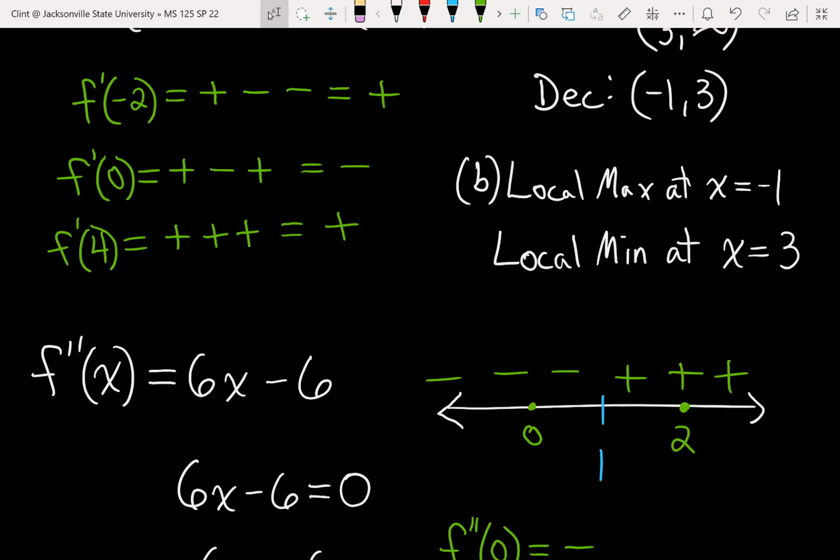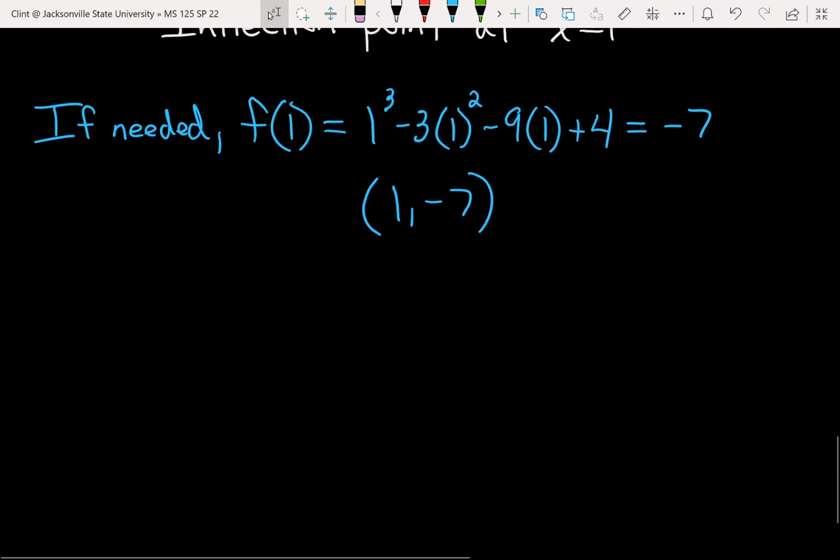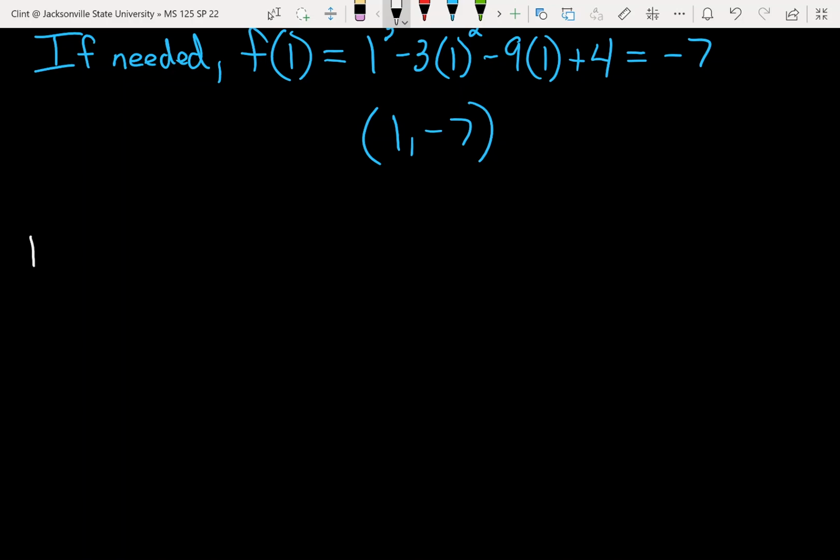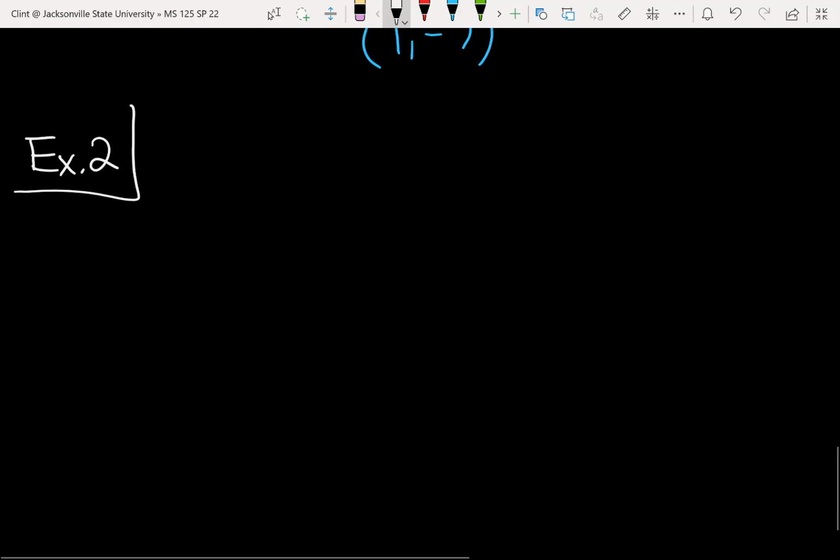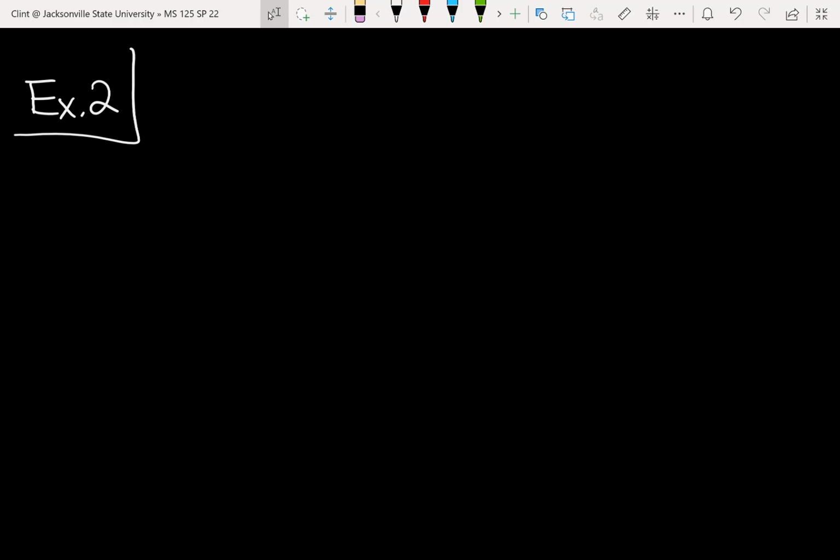Let's do another one. This one's 4-1. We did absolute max and min, and then 4-2 is the mean value theorem and Rolle's theorem, and then this is 4-3.